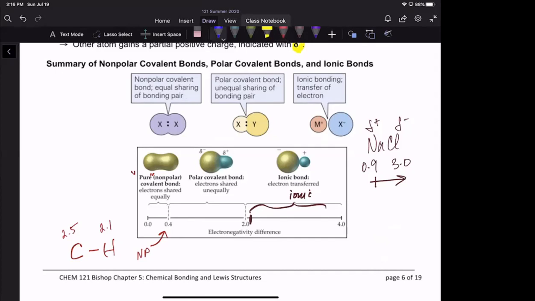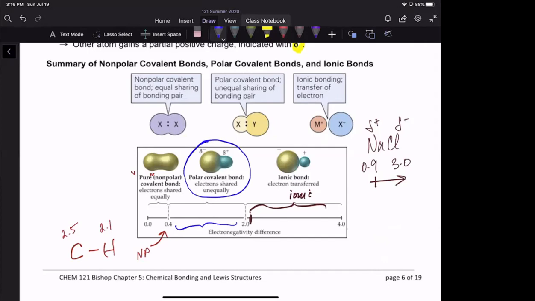And that leaves us with this intermediate range right here. From this section, these are the polar covalent bonds, and they show a partial separation of charge, a bond dipole on that bond.